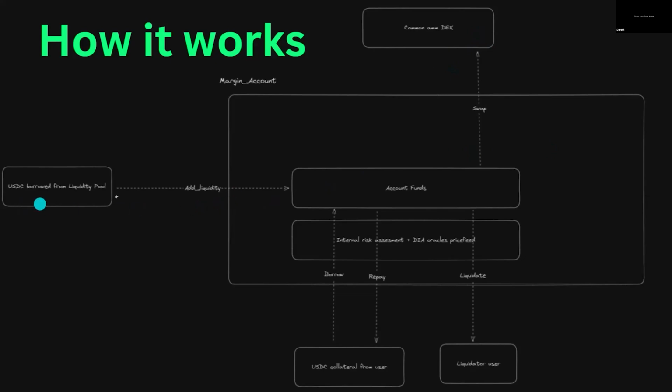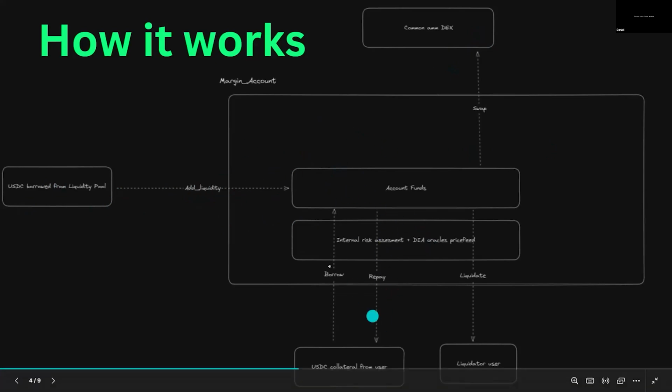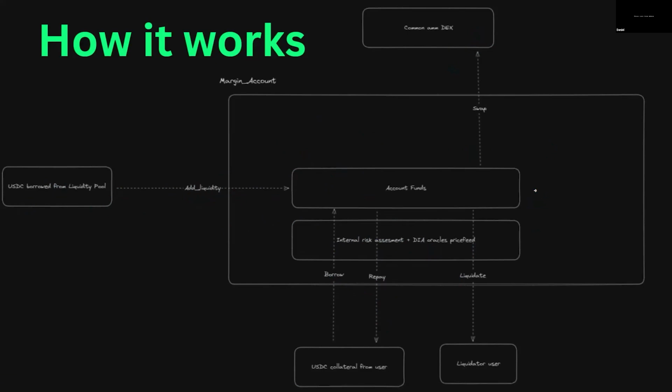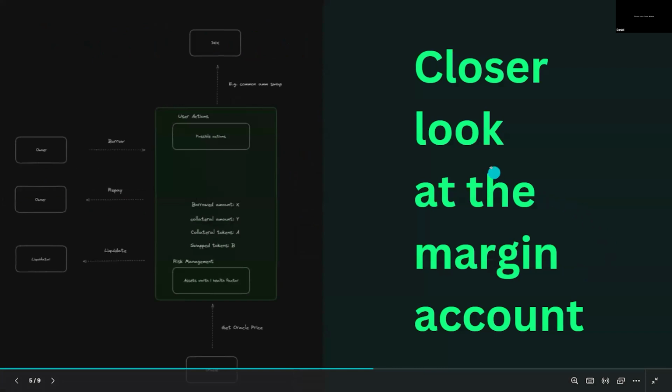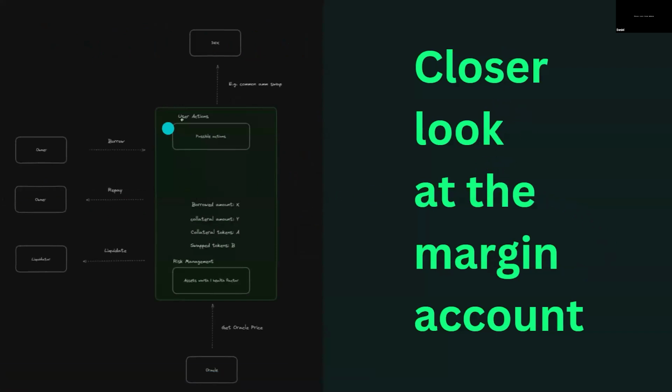Later on, I can add more liquidity if I want to provide liquidity as another user, or I can repay my debt, or if my health factor of my loan gets worse than 1, then somebody else could liquidate my account. Here, a closer look at the different functions that are in there.